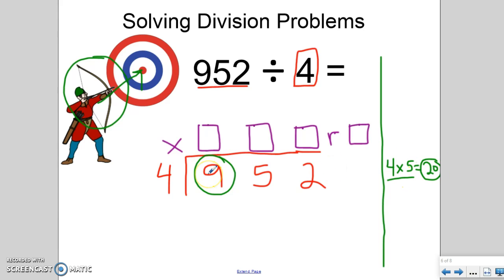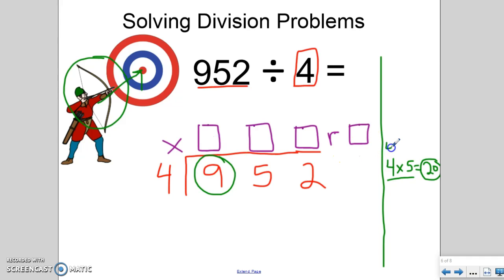Right now my target's 9. 9 is less than 20. I don't necessarily need to fill all of these in right now, but knowing that 4 times 5 is 20, I know that I should be guessing a number less than 5. Well, okay, 4 times 4, that's 16. That's still too high. I can never go past my target. 4 times 3 is 12.